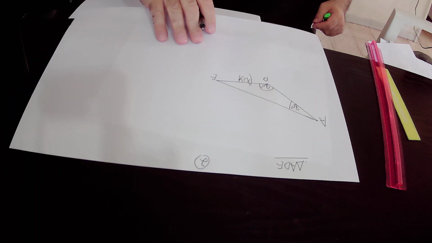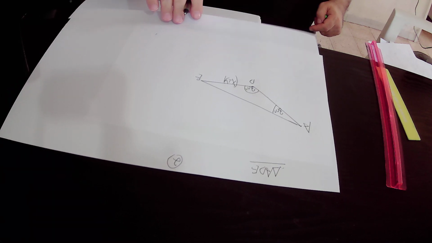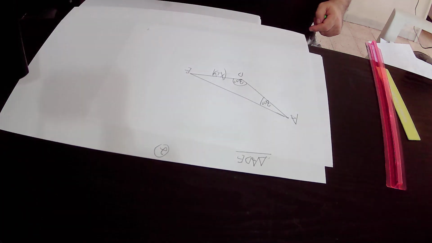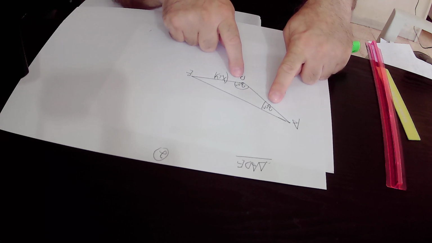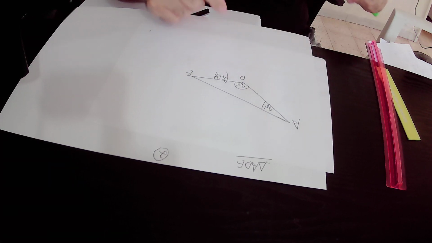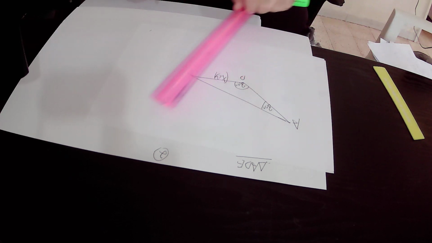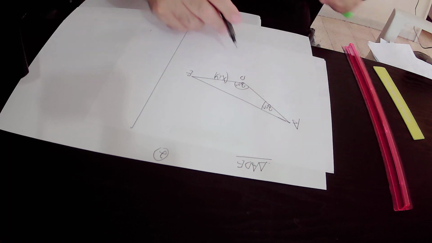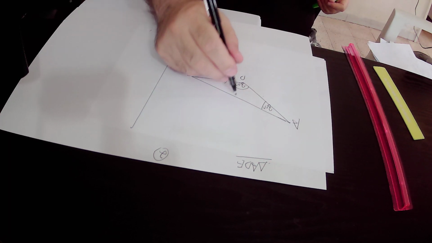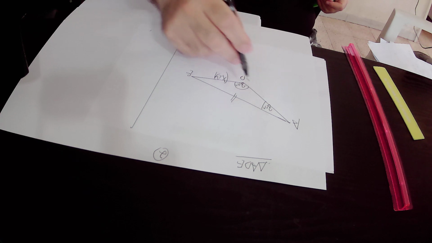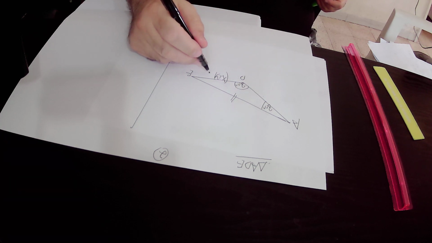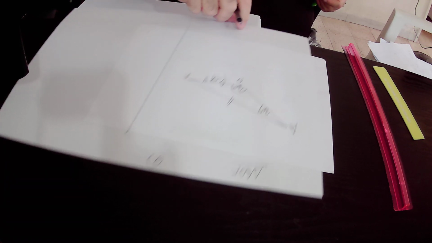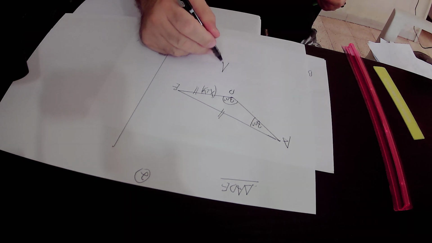So in triangle ADE, we have those two angles that are equal to each other, and according to the rule that in front of equal angles in a triangle there are equal sides, in front of this angle we have side AE, in front of this angle we have side DE, so side AE must be equal to side DE.